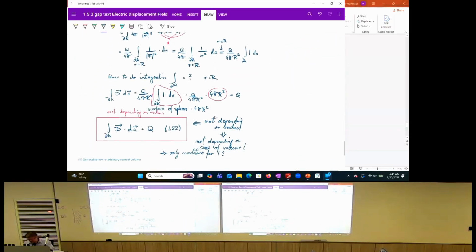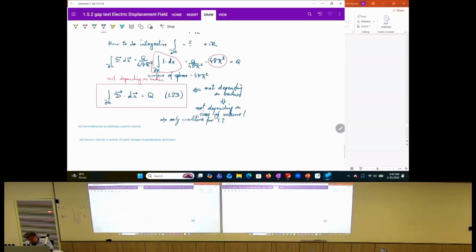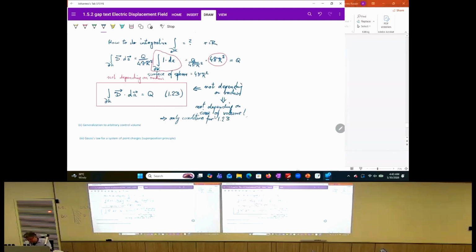Sorry, the previous one was already 1.22. This is 1.23. The only condition here is that Q has to be inside the volume K. Q element of K.